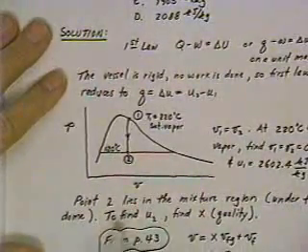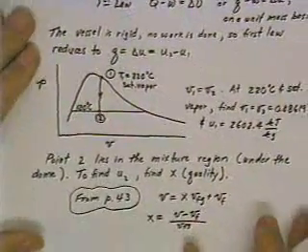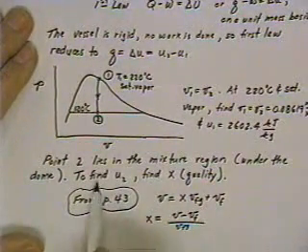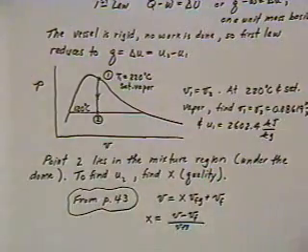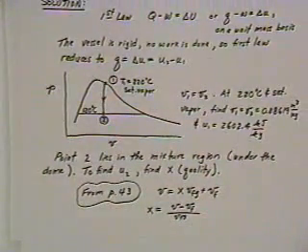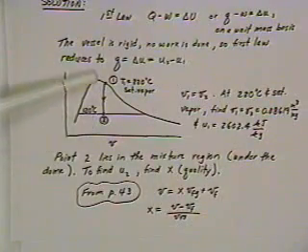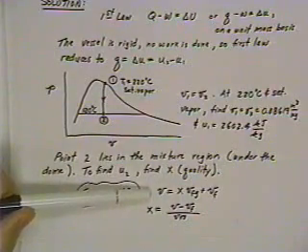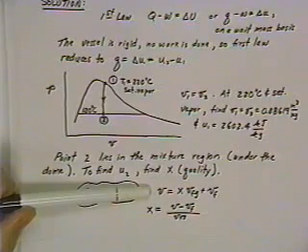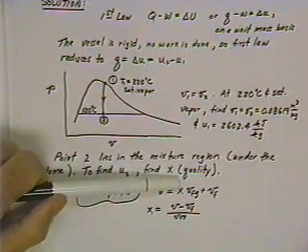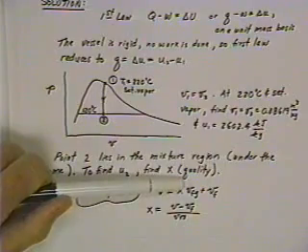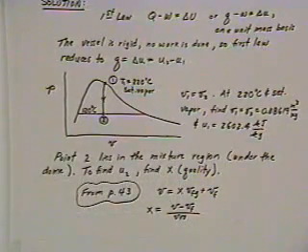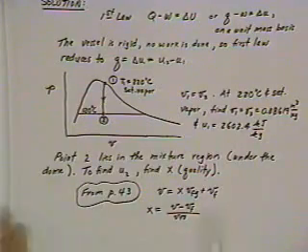Okay, so point 2 now lies in the mixture region, so it's under the dome. In order to find U2, we've got to find the quality. Since this is a constant specific volume condition, from page 43 we have the relationship that the specific volume at any point under the dome is equal to the quality X times VFG, which is the difference between the specific volume at saturated vapor conditions and at saturated liquid conditions, plus VF.